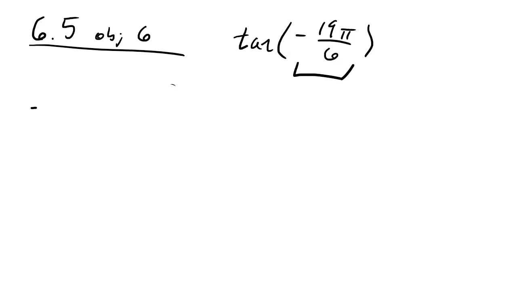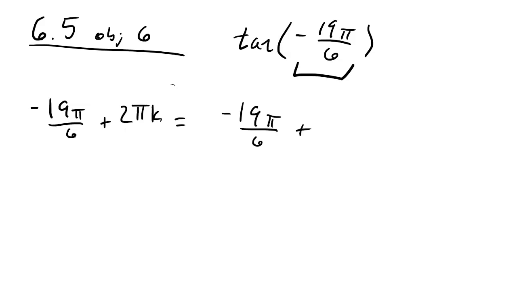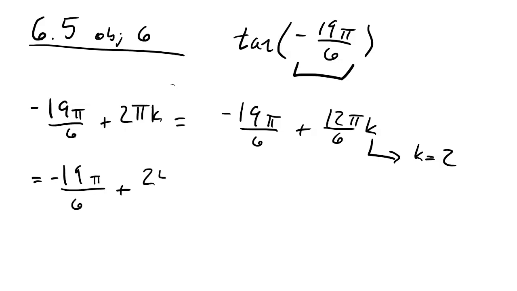So let's do negative 19 pi over 6 plus 2 pi k. 2 pi can be rewritten as 12 pi over 6, so times k, and here k is going to equal 2. That way we get negative 19 pi over 6 plus 24 pi over 6, which is equal to 5 pi over 6. And it is, in fact, in the pi over 6 family.